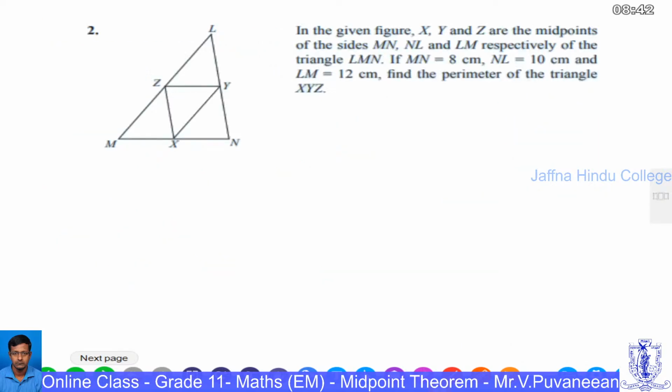Look at this. In the given figure, X, Y and Z are the midpoints of the sides MN, NL and LM.